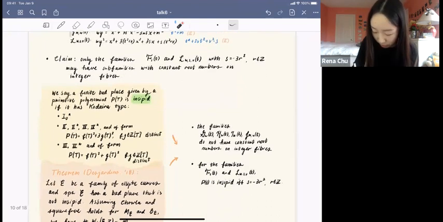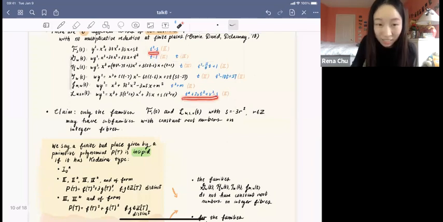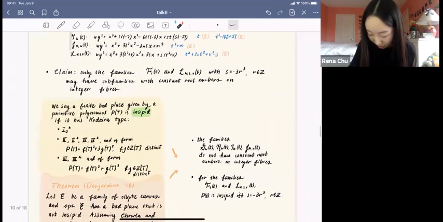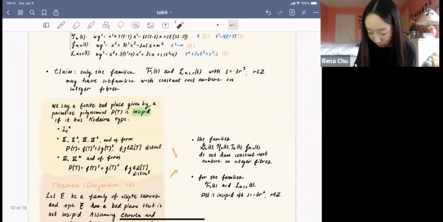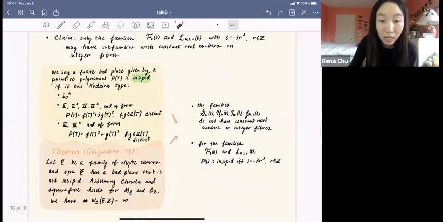That means for these two families, for both cases, they are insipid if and only if s is of this form. Notice that they don't have any other bad places, which means when s is of this form, then we cannot apply this theorem because there are no places that are not insipid.